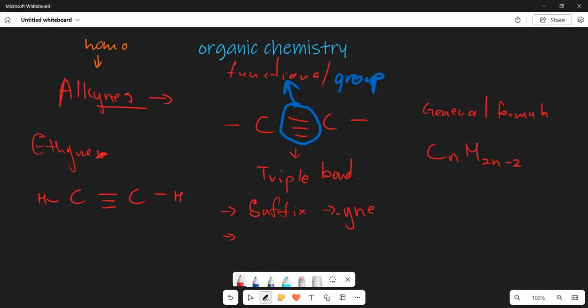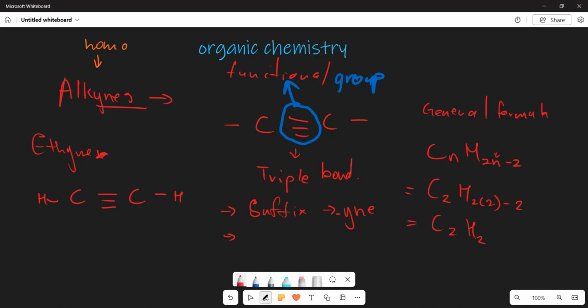Now, what is it that we can determine from here? If we come back to this general formula of ours, how many carbons are you having? This is going to be C2H2 multiplied by what is the n? It is still 2, but this is 2 times 2 subtract 2, which means this is the same as C2 and H what? Because 2 times 2 is 4, subtract 2, this is 2.